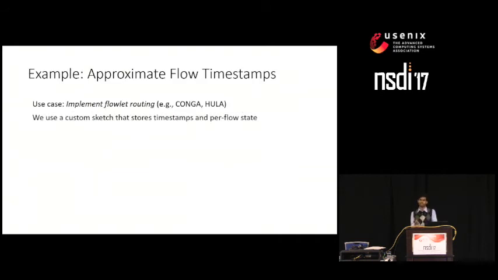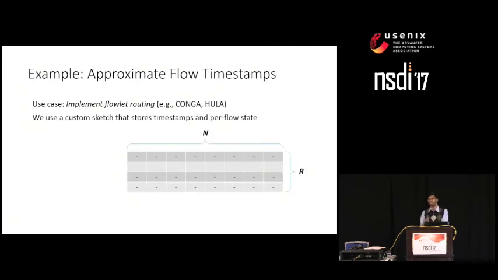Again, we are going to use a custom sketch, which is an approximate data structure that stores timestamps and per flow state. And this is inspired from the count-min sketch data structure that stores simply counters. A sketch is nothing but simply a two-dimensional matrix with n columns and r rows.